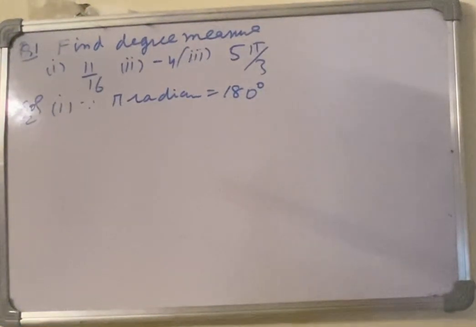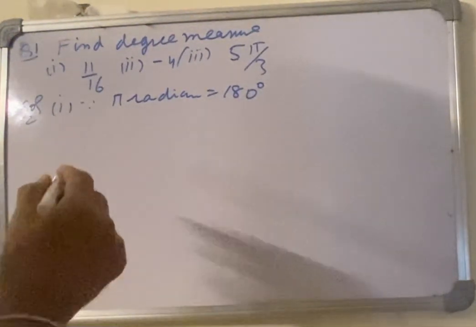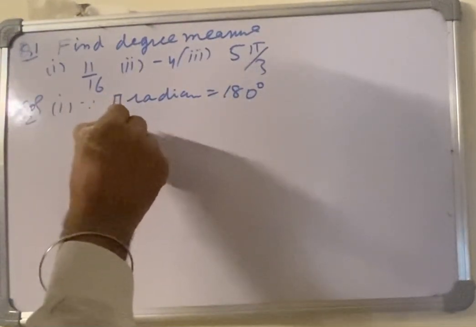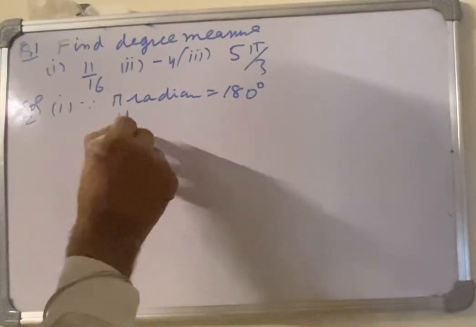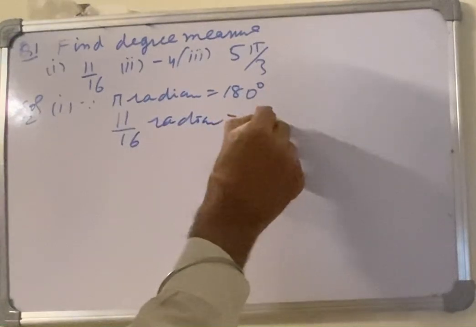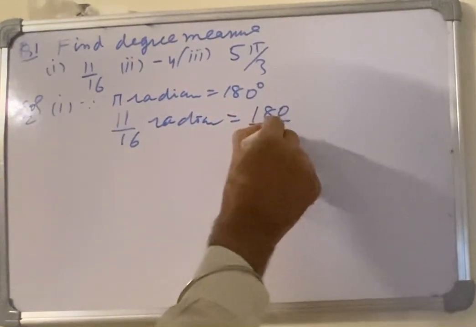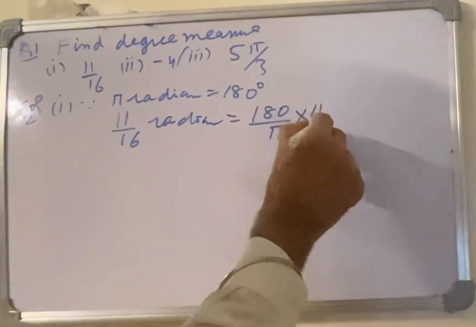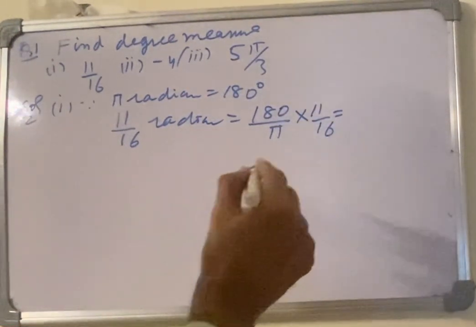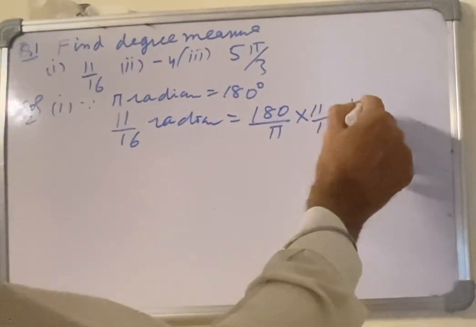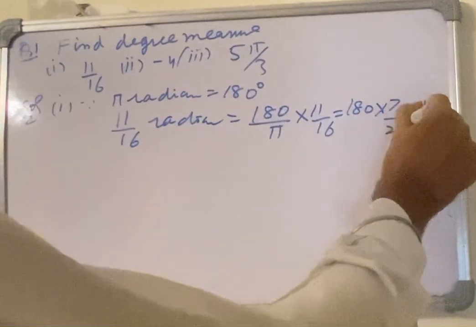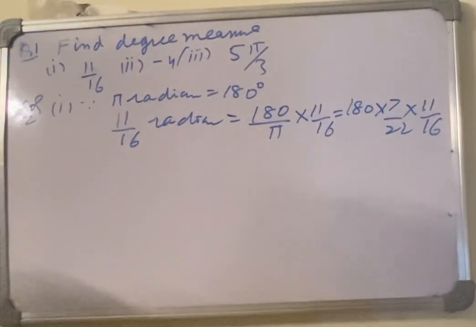If we take first part, since we know that pi radian is equal to 180 degree, 11/16 radian is 180 over pi into 11/16. We can put value of pi 22/7. It is 180 into 7/22 into 11/16.